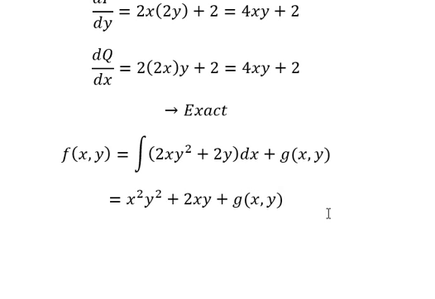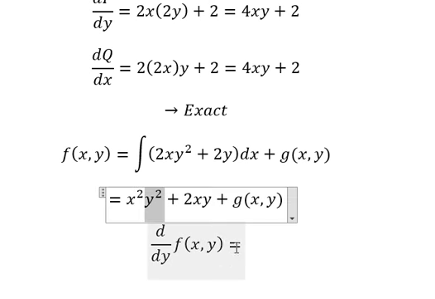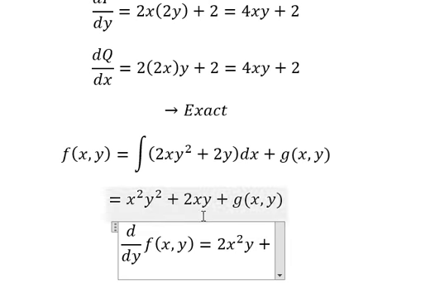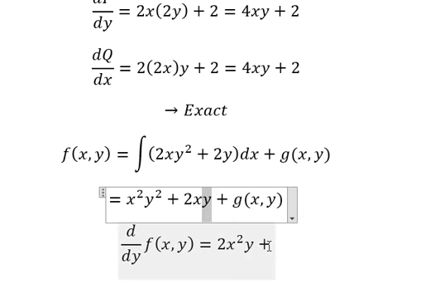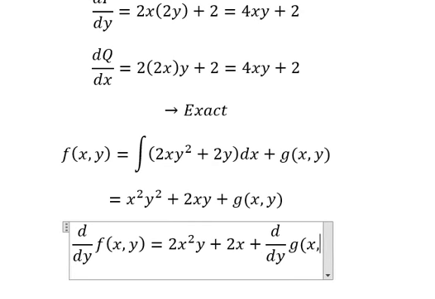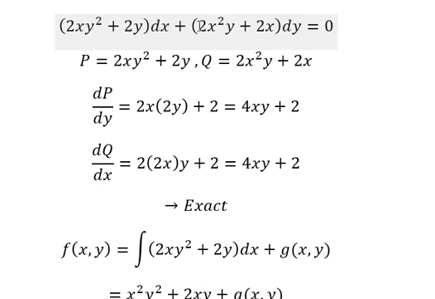Next, we need to do first the derivative of f with respect to y for the both sides. So this one we have 2y. This one we have number 1. And we know that this one equals to this one.